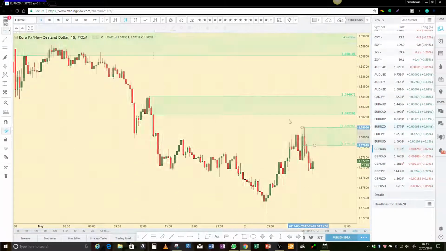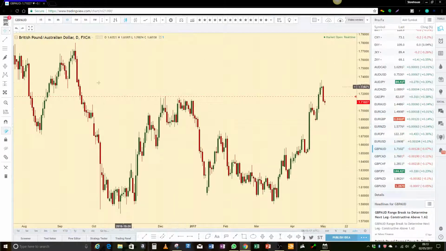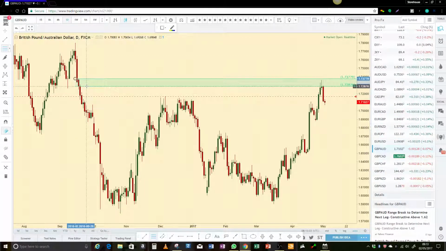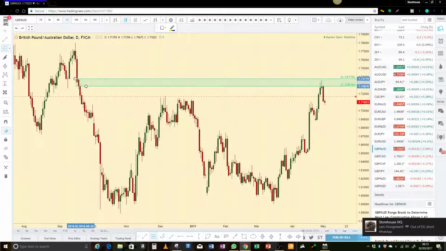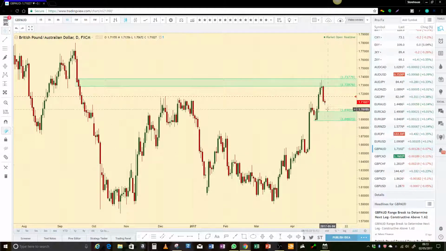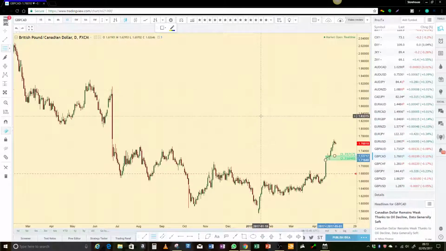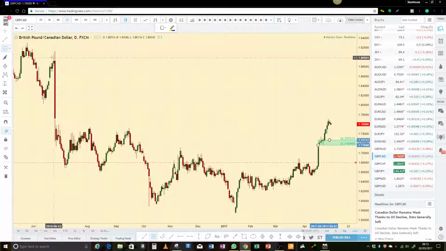Let's take a look at the pound pairs, see if anything's happening here. Okay, so with the pound again, a McGregor zone coming off of there. So we'll see how we get on. Nothing right now to be done. So for the pound CAD, that's demand, and we don't really have much of supply above up until way up here.